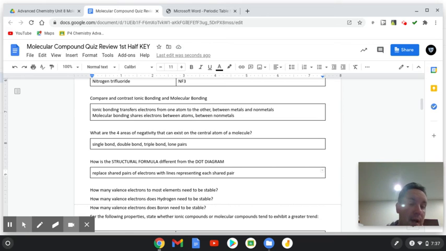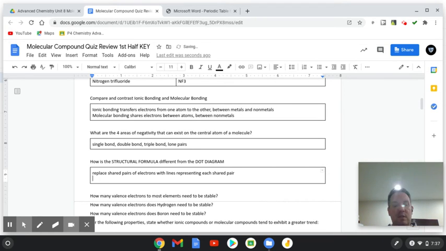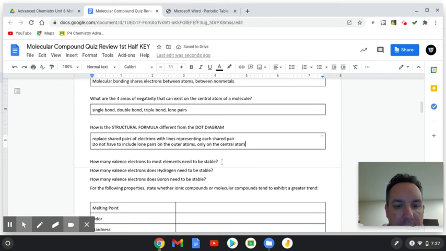If you have a triple bond, you need 3 lines between the atoms. And we do not have to include lone pairs on the outer atoms, only on the central atom. So lone pairs only go on the central atom, not the outer atoms.